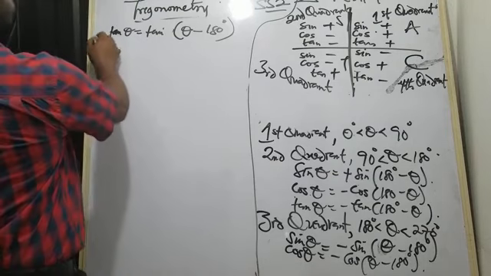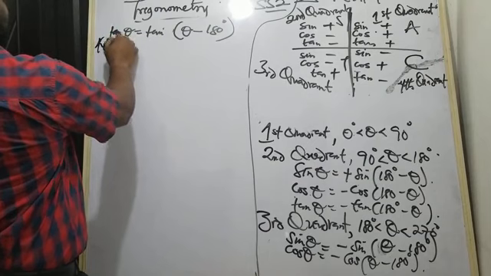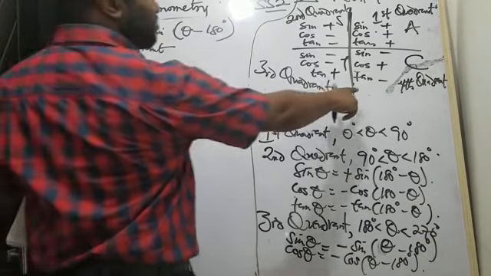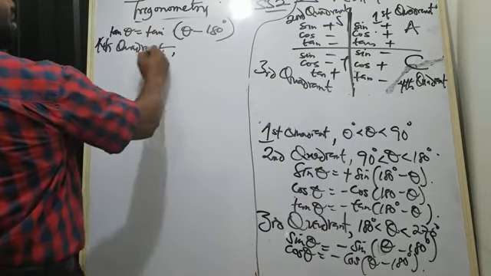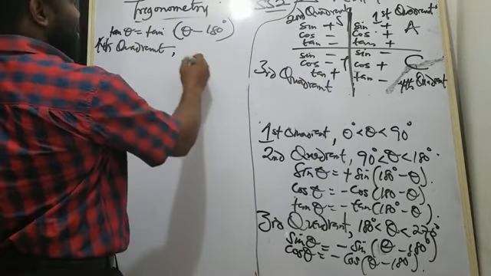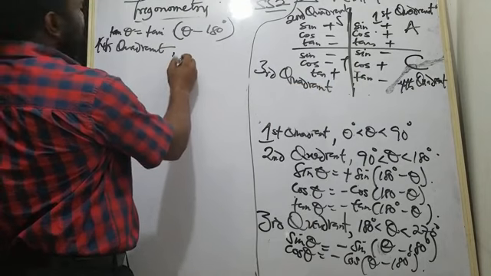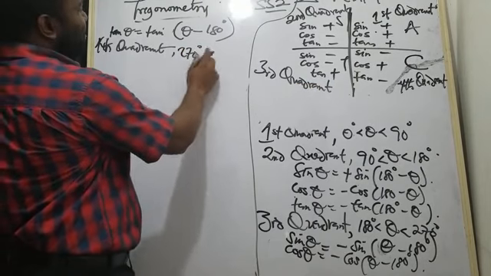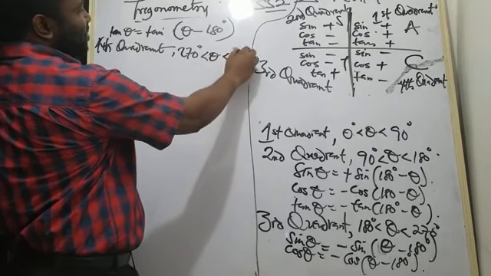Okay, now on the fourth quadrant, now only cos is what? This is between 270 degrees less than theta less than 360 degrees.